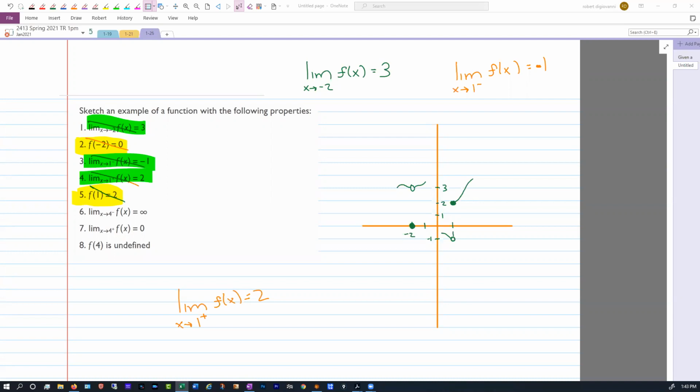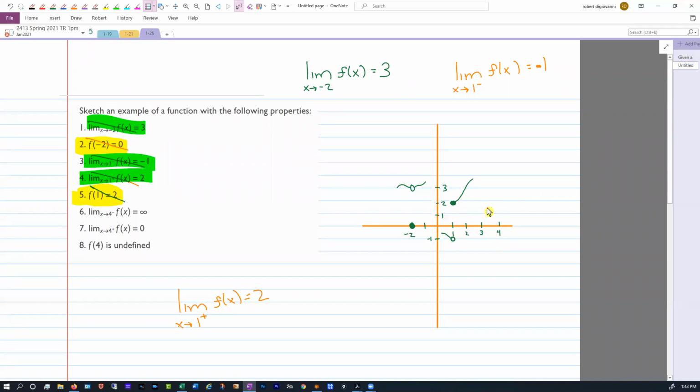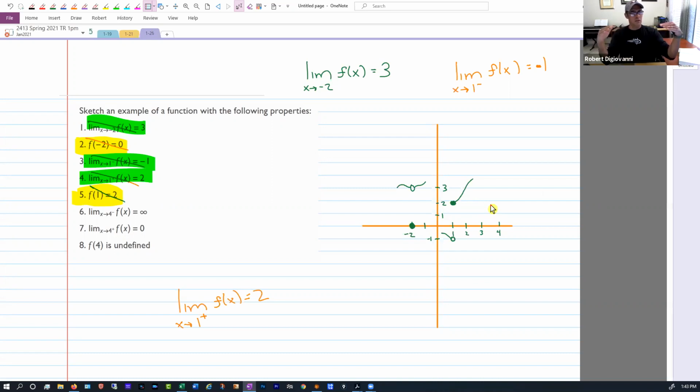Gene, you got condition 6. While approaching 4 from the left side, it would equal infinity. Okay, so here's 2, here's 3, here's 4. As I approach 4 from the left side, I need to go to infinity. What type of function from college algebra did that, where it just kind of took off?